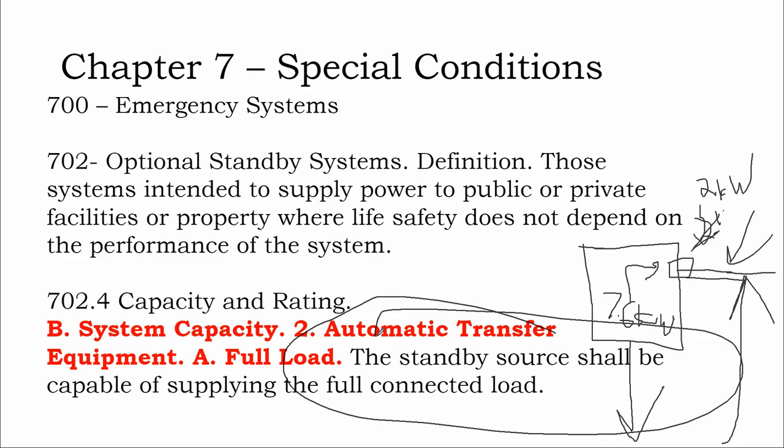And that's really frustrating to customers because they say, well, can't I just use a little bit of power during the emergency, not as much as I would normally use? What code is saying is automatic transfer equipment needs to be capable of supplying the fully connected load.